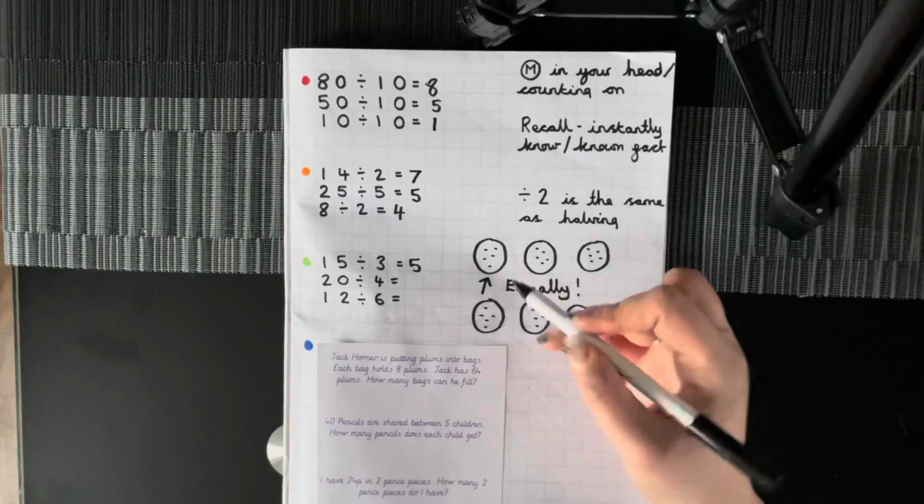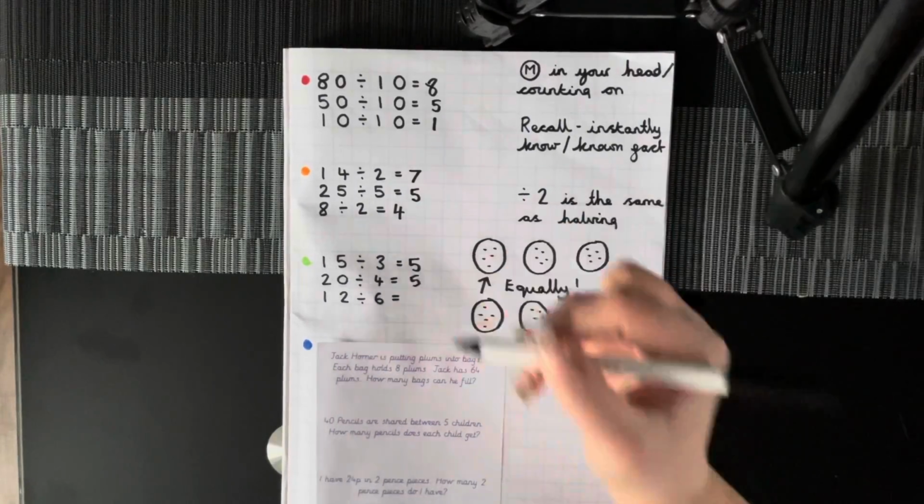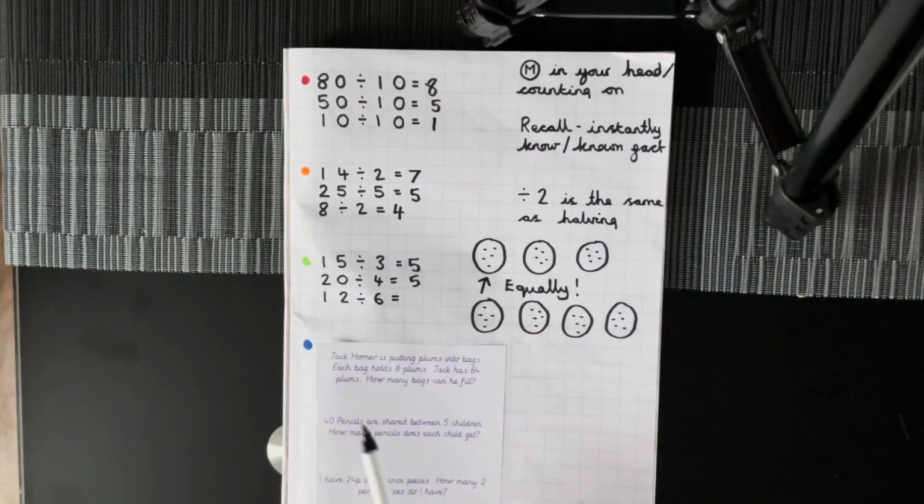And in one tummy, Miss Vaughan has 1, 2, 3, 4, 5. The answer is 5.